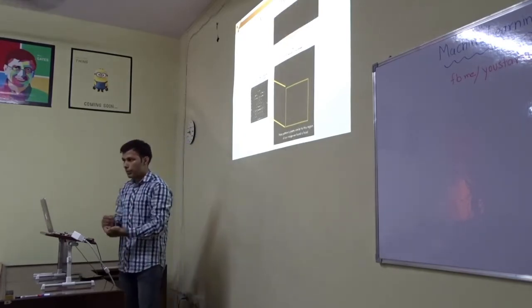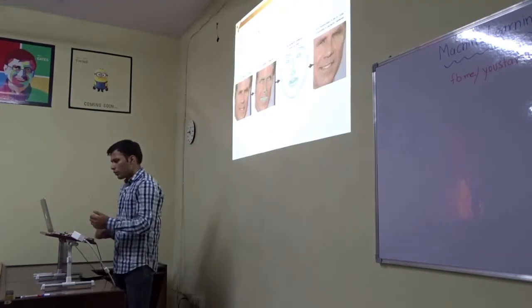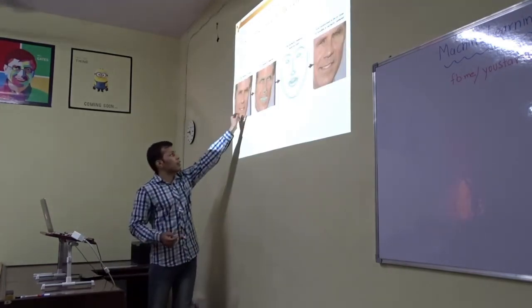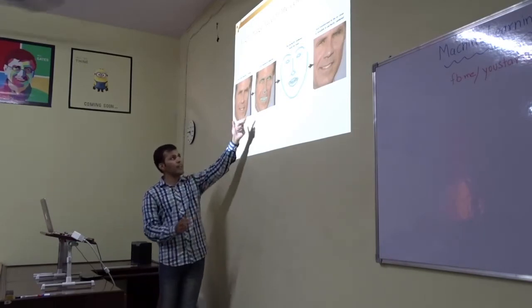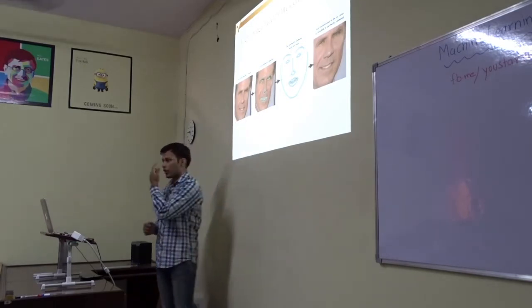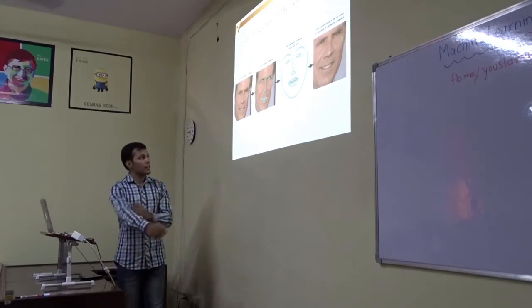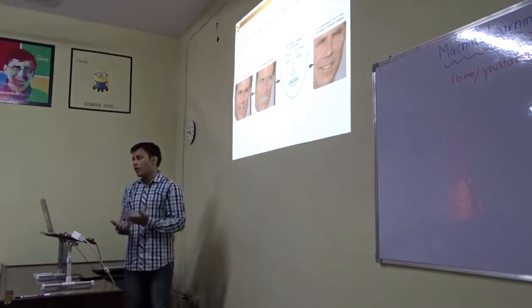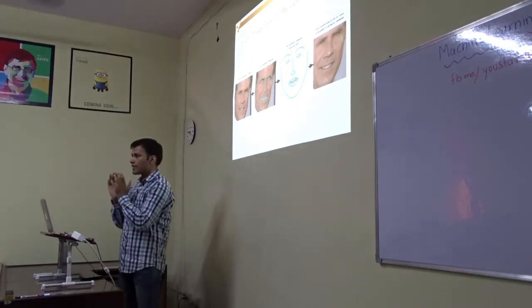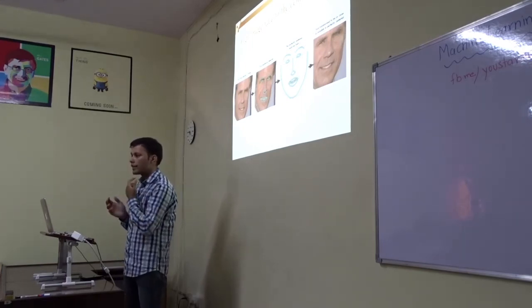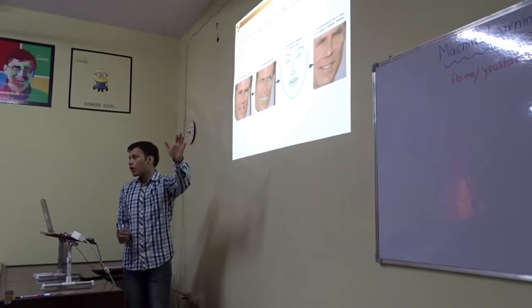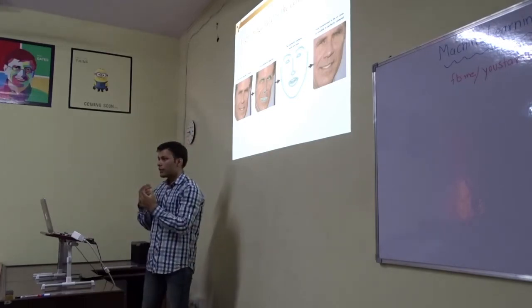That's the first step. Once we have found the face, we crop the image to that face area. What we do next is find the points on the face, basically to improve the accuracy of the algorithm. If all the faces in my image are in the center, aligned with the eyes and the mouth, it will be easy for my algorithm to classify because all the faces will be similar.